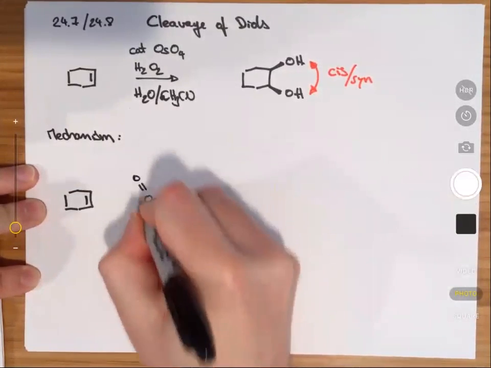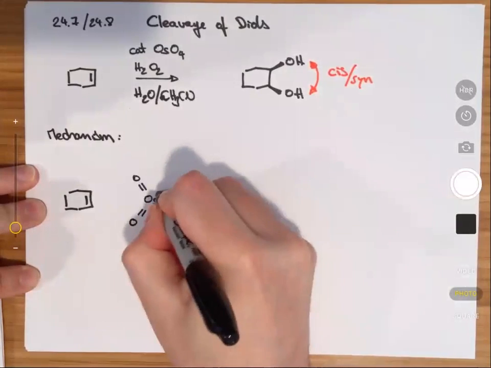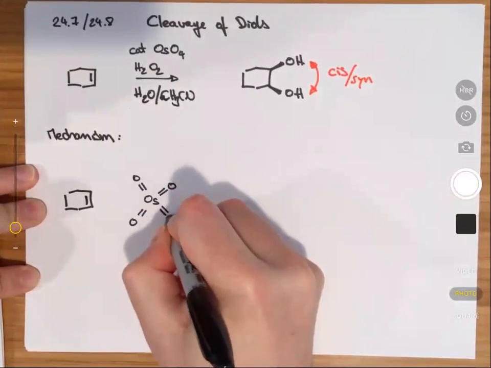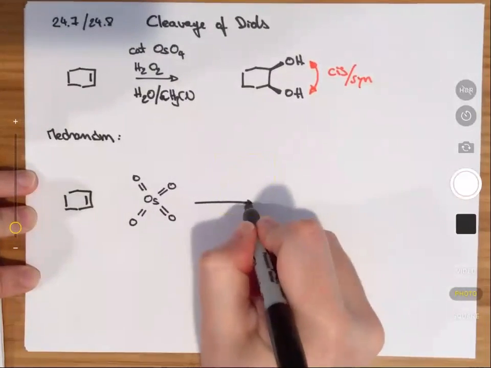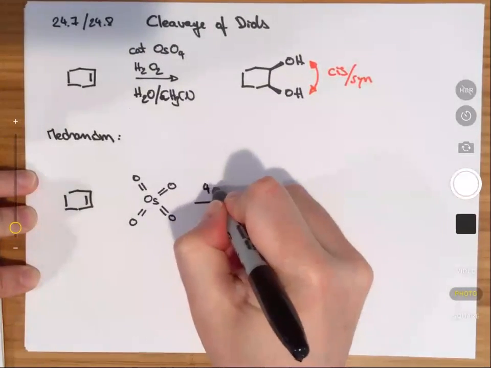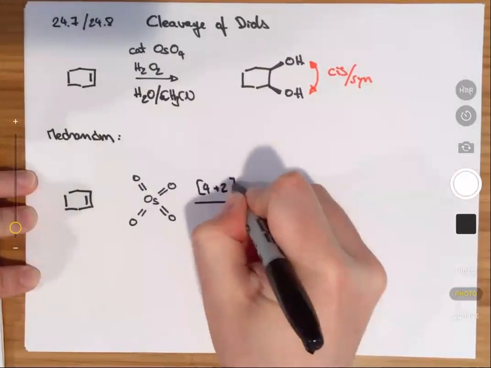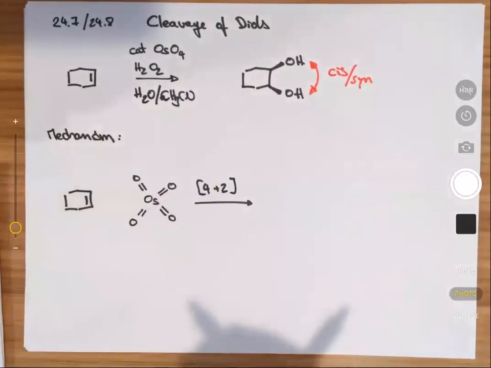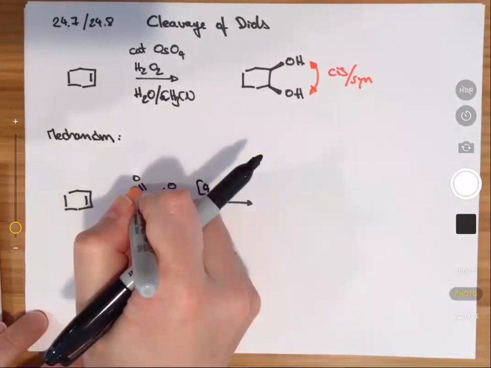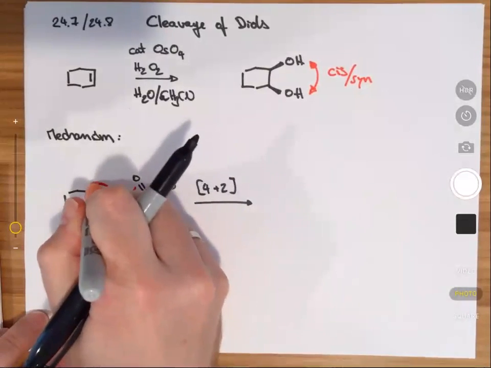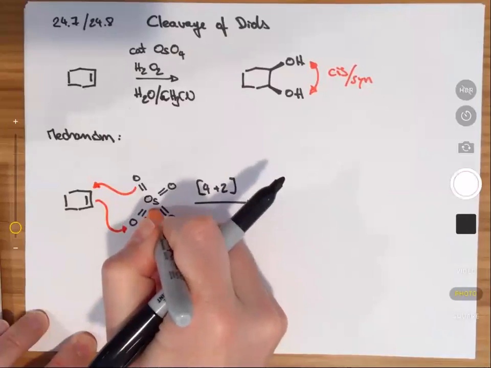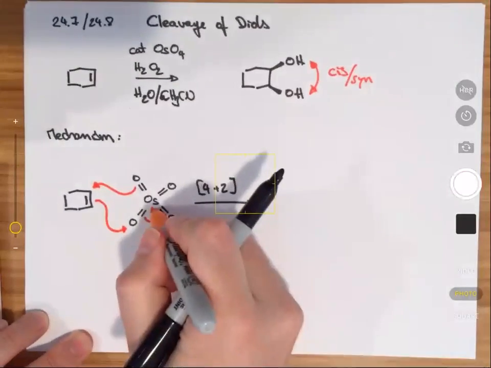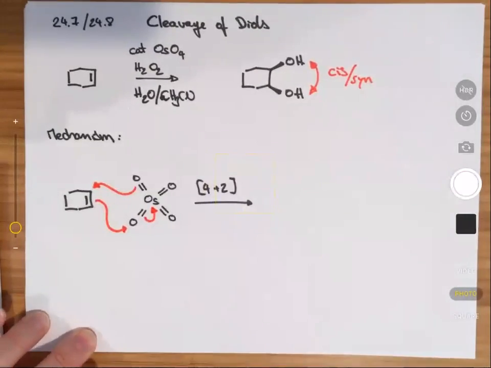So osmium tetroxide looks something like this, with 4 oxygens, and this undergoes a 4+2 1,3 dipolar cycloaddition, where you can take basically the electrons from this bond, move them over here. You can take these electrons, move them over here, and take these electrons and move them towards the osmium.